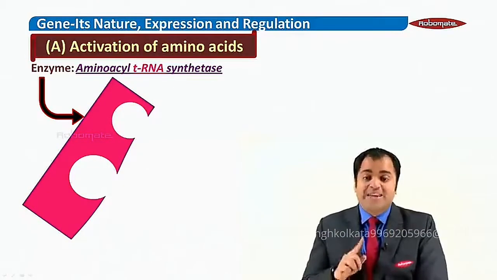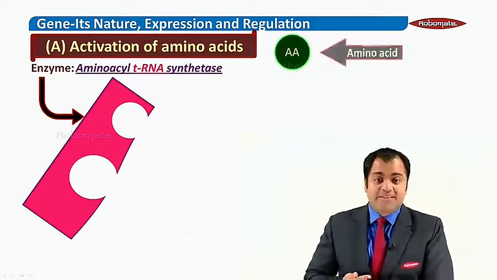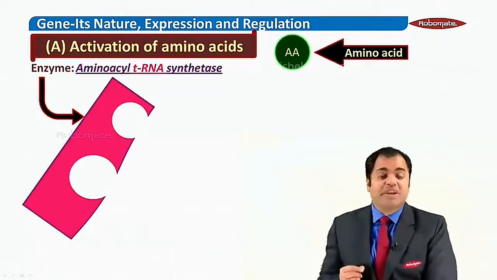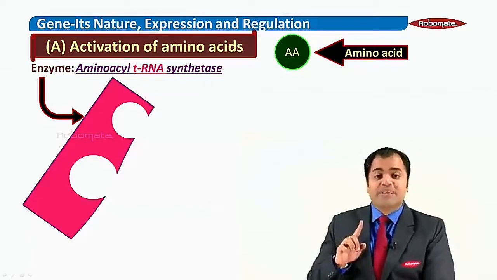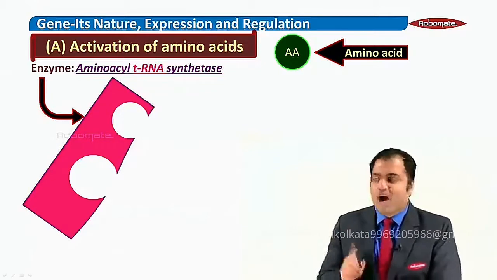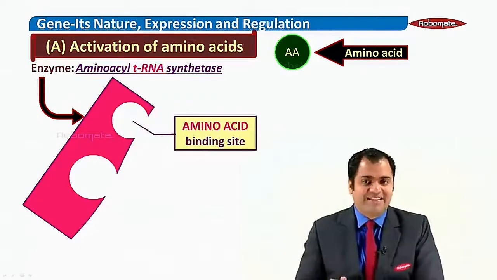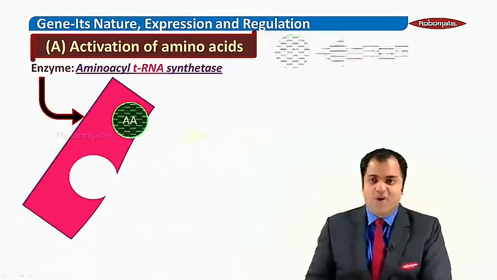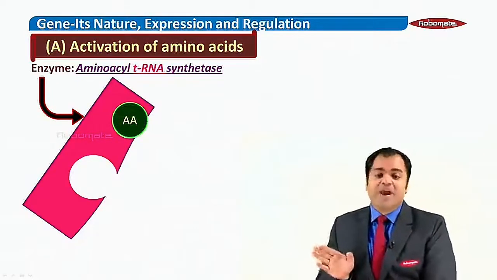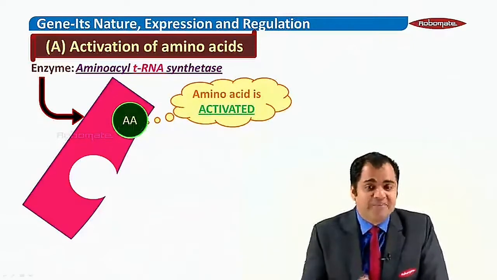What will it do? It will first bind to the amino acid. So let's bring in the amino acid. What you see up there is an amino acid. And now let's put this amino acid on the enzyme. Where will you put it? You guessed it, on that site which is called the amino acid binding site. Shall we do it? There you go. We just added the amino acid on the enzyme and we got the activated amino acid.